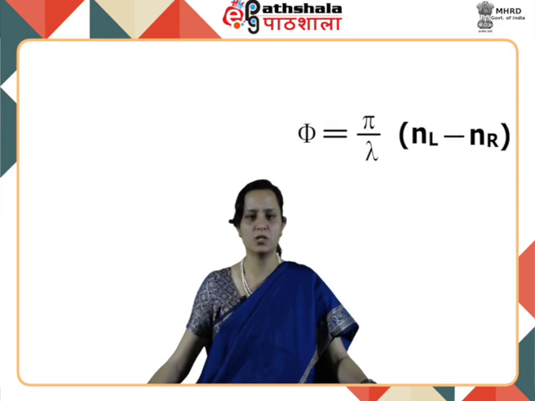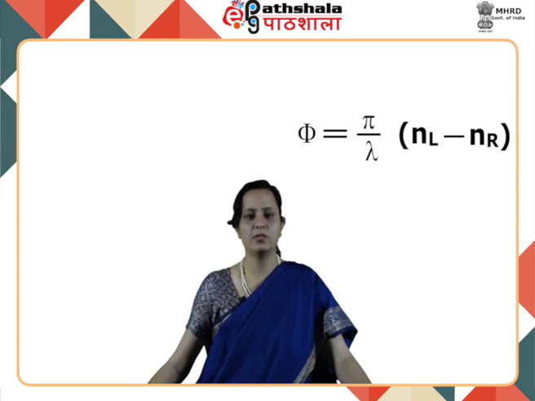The angle of rotation theta per unit length, expressed in degrees, is given by theta equals pi divided by lambda times (nL minus nR), where lambda is the wavelength of incident light, nL and nR are the refractive indices for the left and the right circularly polarized light, and L is the path length in the medium.